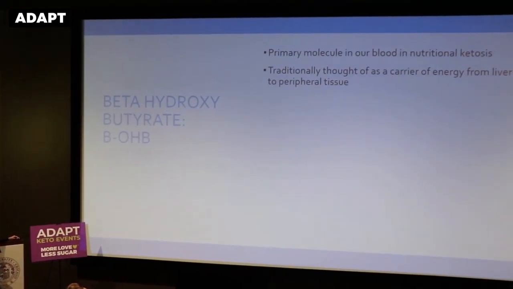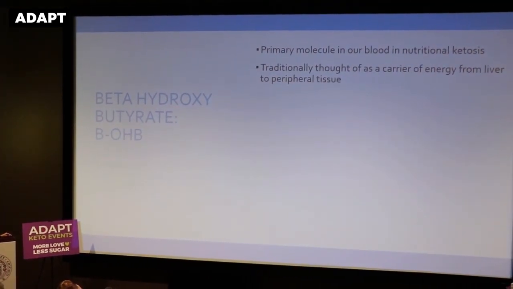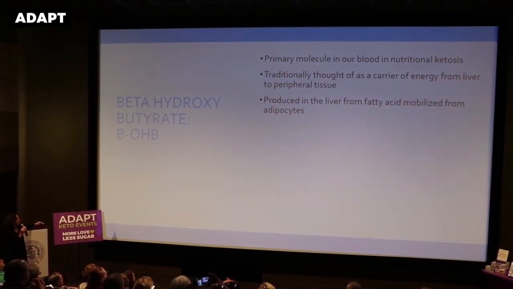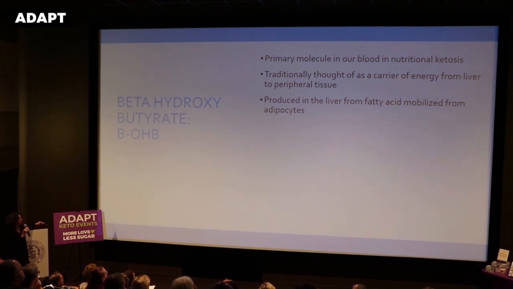It was traditionally thought of as just a carrier of energy from the liver to the peripheral tissue. But now we know it's produced in the liver from fatty acids mobilized from adipocytes, and it's a really great fuel for the brain and the heart. It's actually a preferred fuel for the brain and the heart.